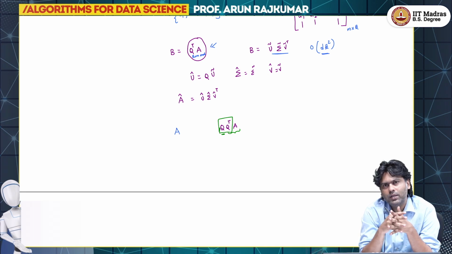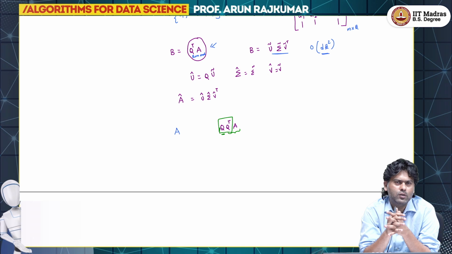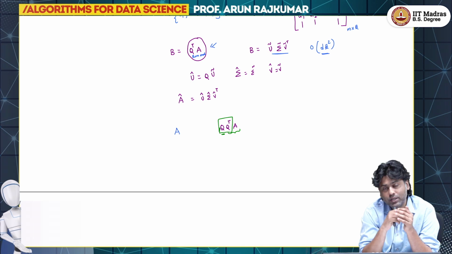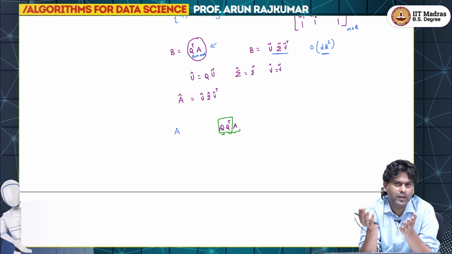Now we finished last time with the question as to how can we get such an orthonormal basis for a subspace which contains what we really need, which is U1 to Uk.